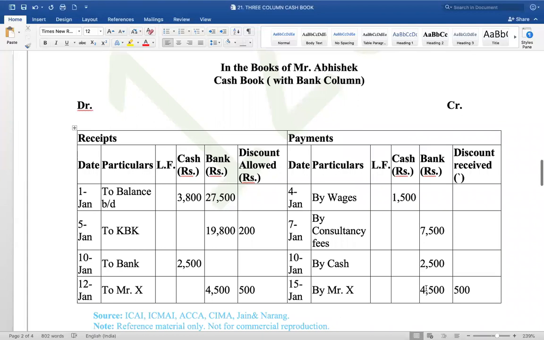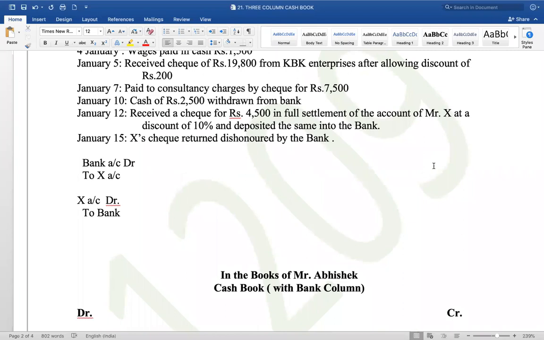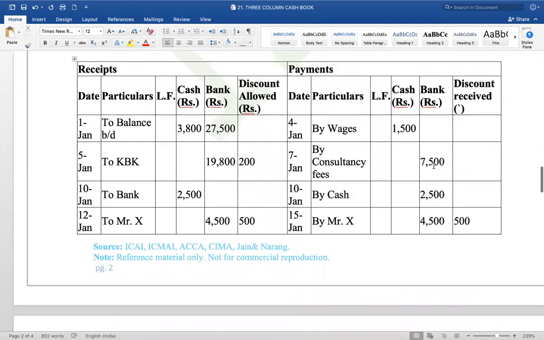X account debit to bank. Cash book means including bank column, no? It is like this, cash account debit to bank, this bank. Okay. Yes, sir. Clear, Sabrina? Okay. Done. Yes, sir. Right.